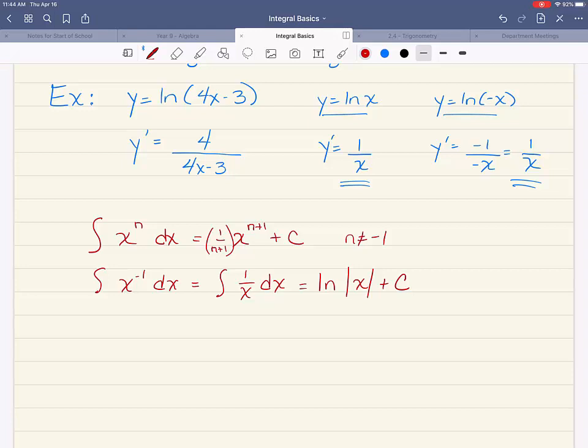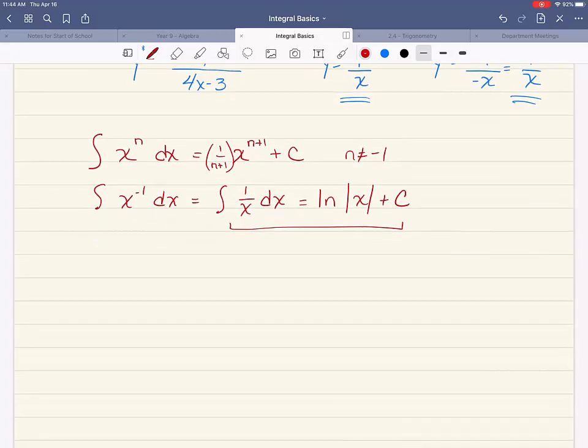So this is the key for today. When you have an integral of 1 over x dx, the ln has to be an absolute value when you're finished. Very, very important that the absolute value bars are there. You will probably be marked down on any assessments if you don't put them.